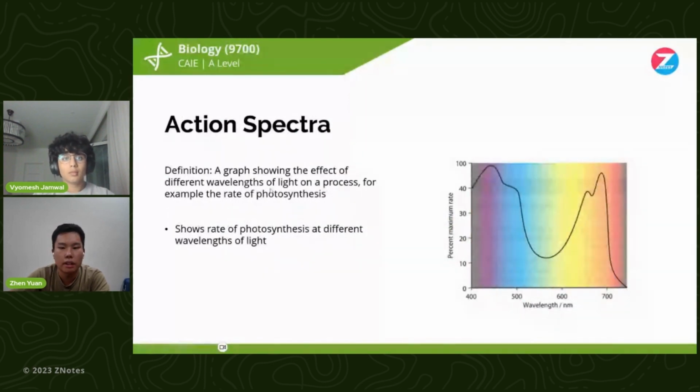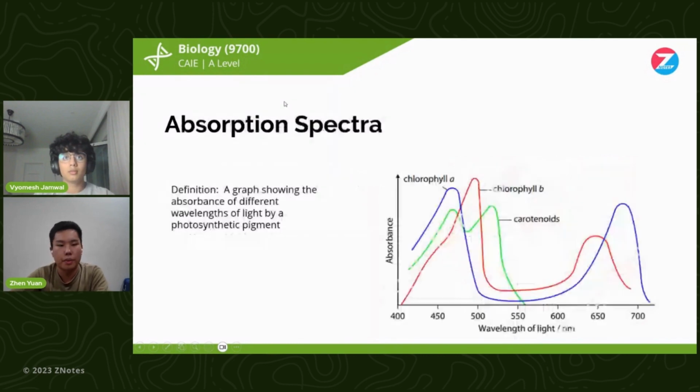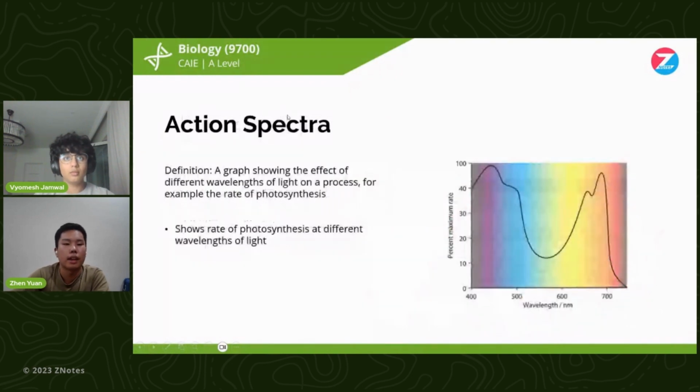Then the second graph that you have to learn about in A2 biology photosynthesis is your action spectra. Previously you had your absorption spectra, the absorption of light. Now you have your action spectra. What is it actually? It's just a graph showing the effect of different wavelengths of light on a process, for example, the rate of photosynthesis at different wavelengths of light.